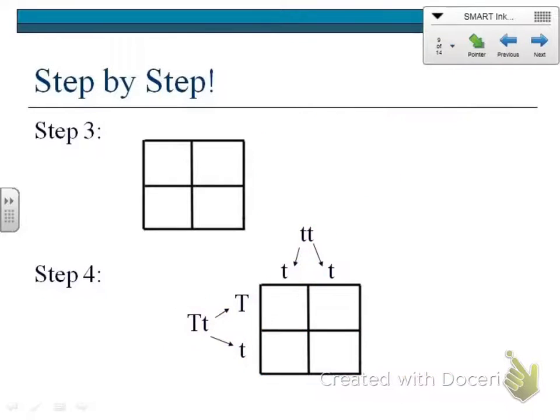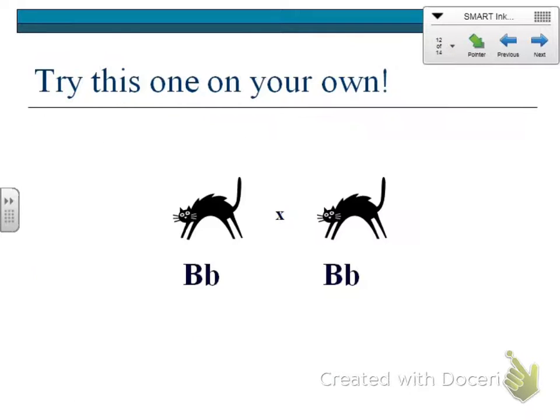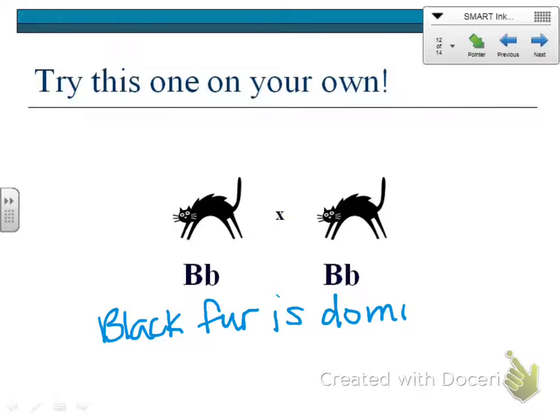You're going to cross big B, big B with big B, little b. And you need to go ahead and write that black fur is dominant to white fur.